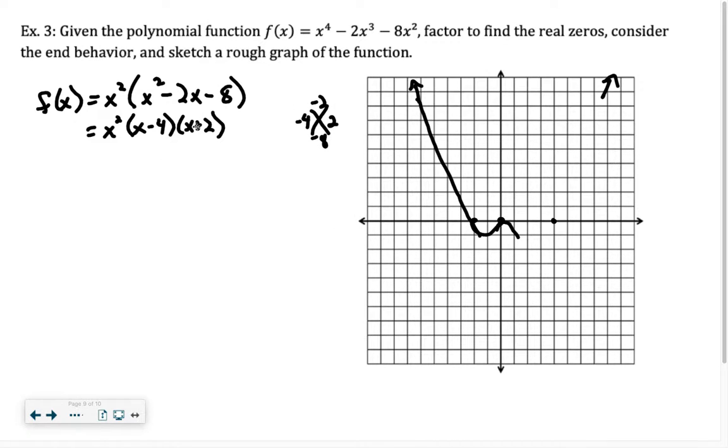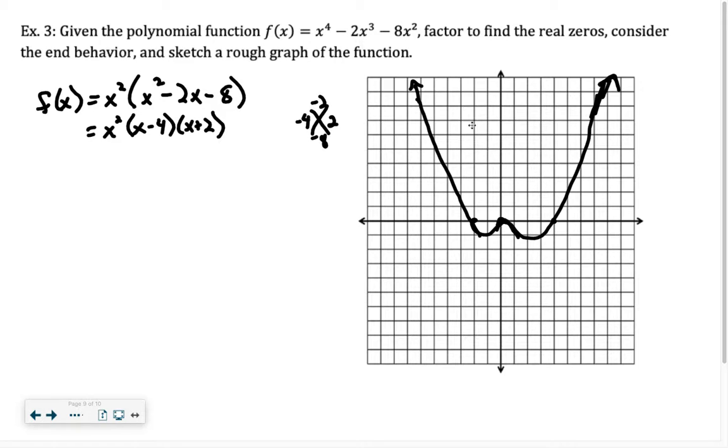My final zero is at 4, and the multiplicity is just 1, so that means the graph is going to cross there. Okay, so that's what I'm looking for in this section when we're sketching a rough graph. The correct end behaviors, the correct zeros, and then taking into account the multiplicity of each zero, whether the graph should cross or touch there.